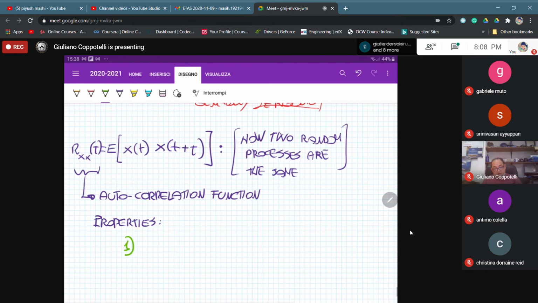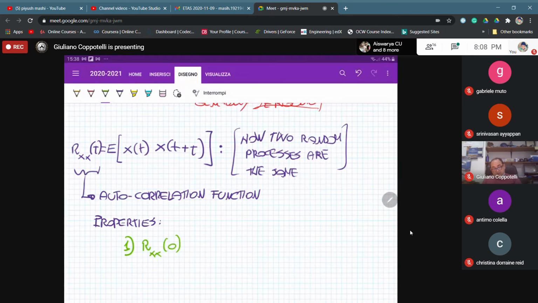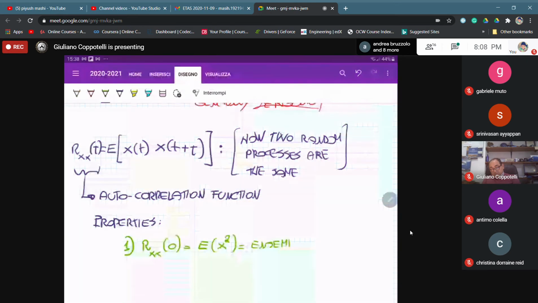The first one is that the autocorrelation function at time shift tau equal to 0 is equal to the expected value of x squared, that is, the ensemble mean square.